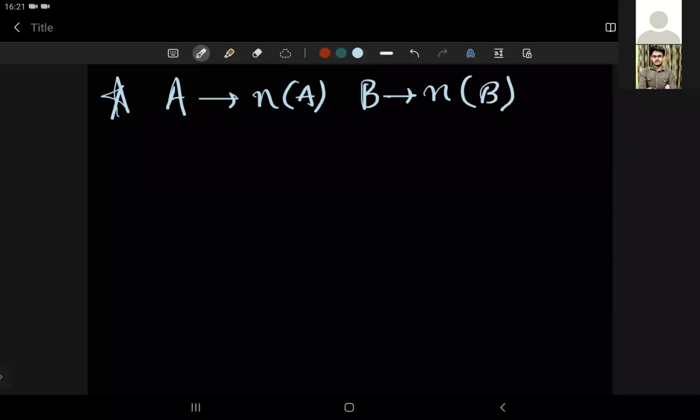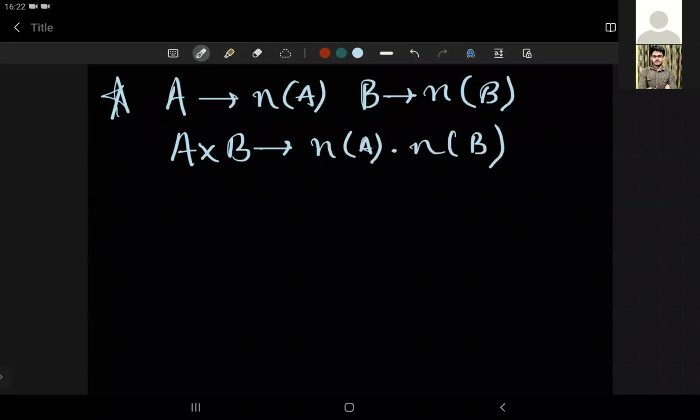Let's say you have two sets, A, which has Na elements, and B, which has obviously Nb elements. Then A cross B will have Na into Nb elements. Right.